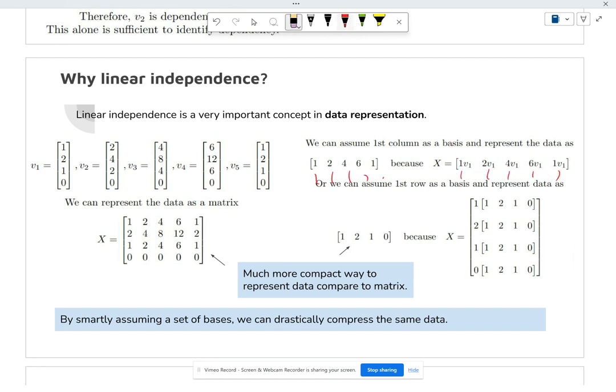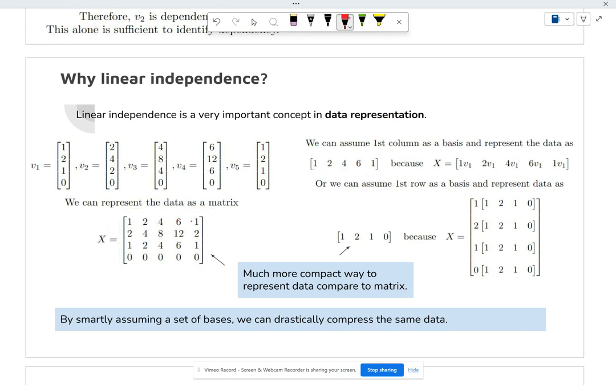As long as you know the column vector is the basis, you don't need to store this whole thing. All you need is to store these numbers. So the concept of basis really allows you to compress data with some kind of assumption. If you use the first column as the basis, then look how many numbers: 20 numbers versus 1, 2, 3, 4, 5. 5 numbers. So using the first column really compressed it.